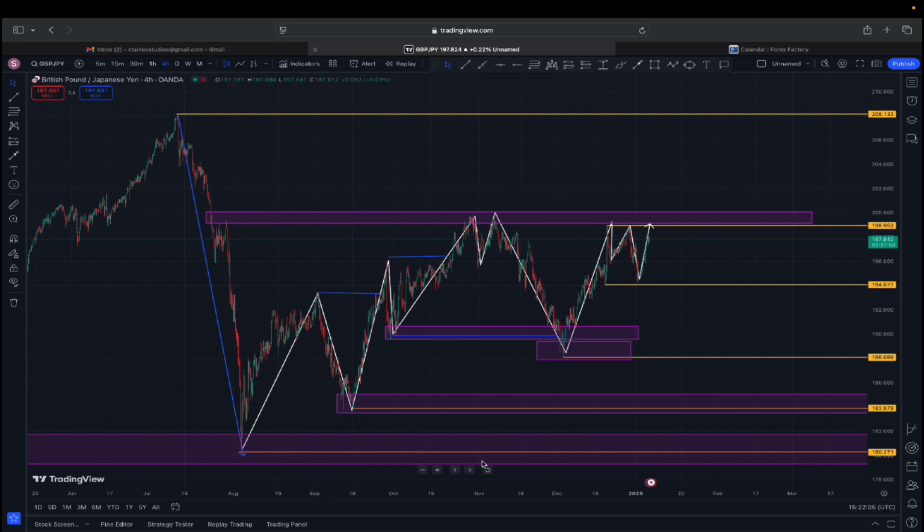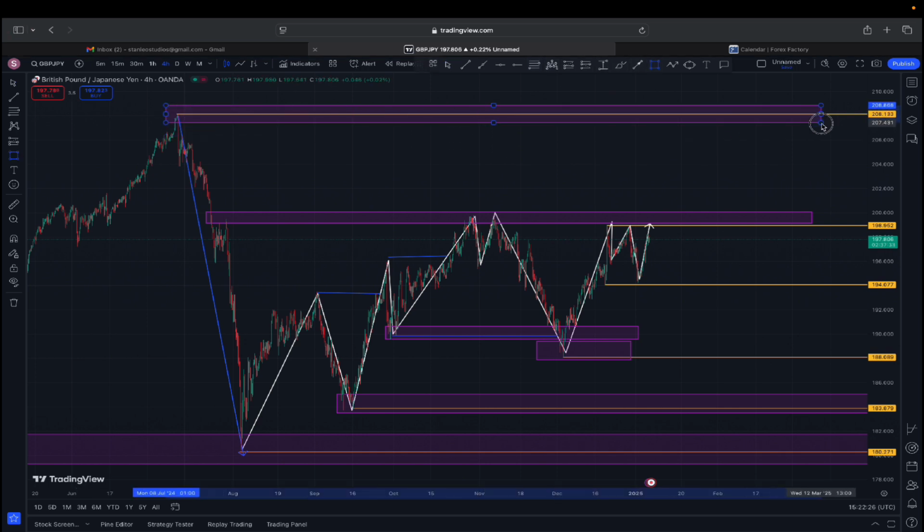So this is the demand zone where buyers are waiting to buy, and this is a supply zone where sellers are waiting to sell down, or if the buyers are too much, they break it to another zone where sellers are waiting to sell.